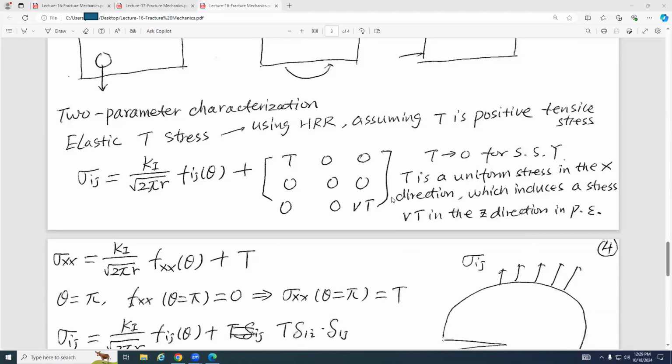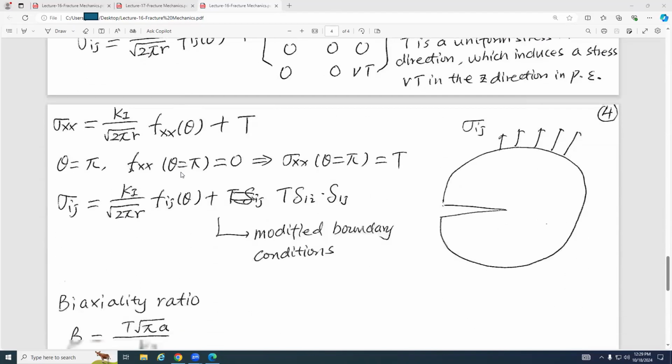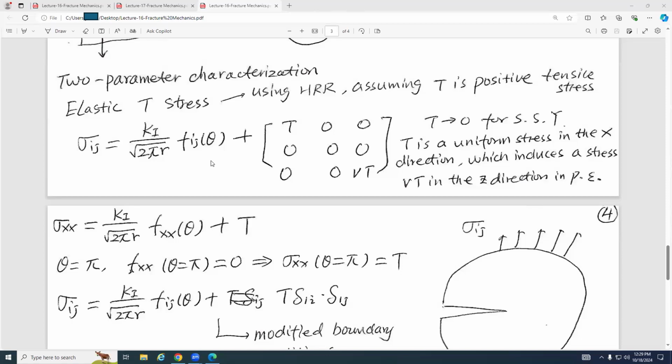This is called the K-T model. Write this down: the model with elastic T stress is called a K-T model. It means you need K and also T to characterize the field.